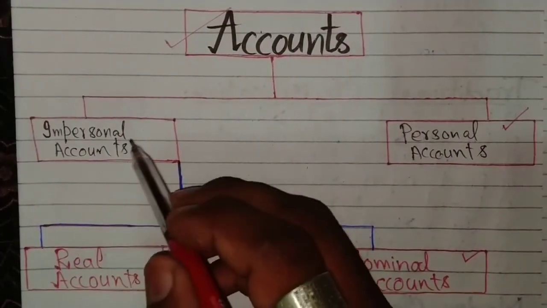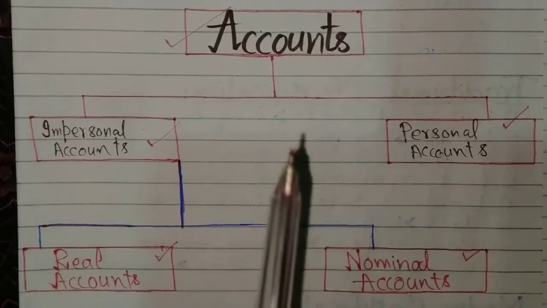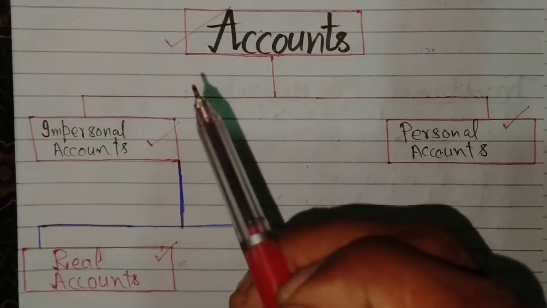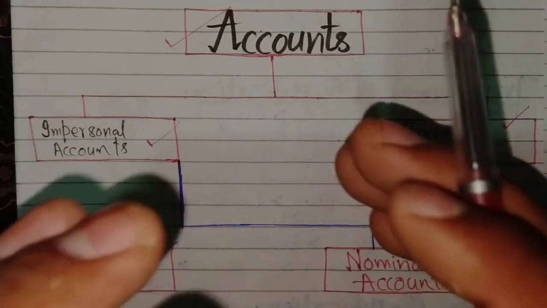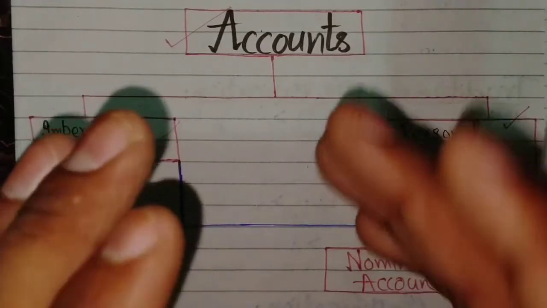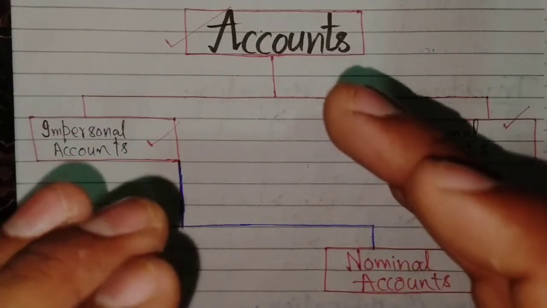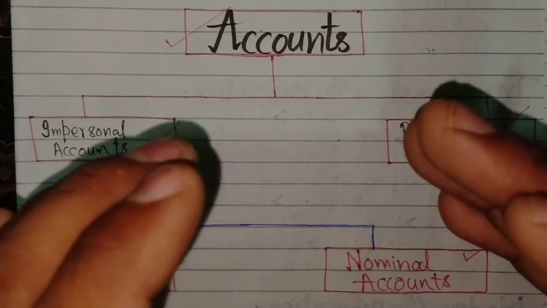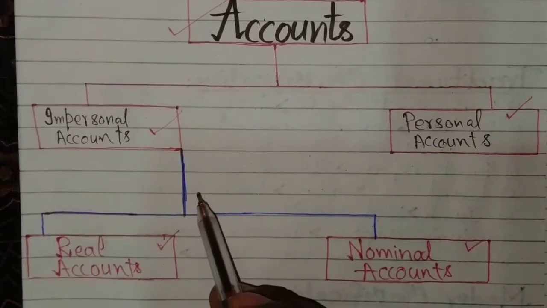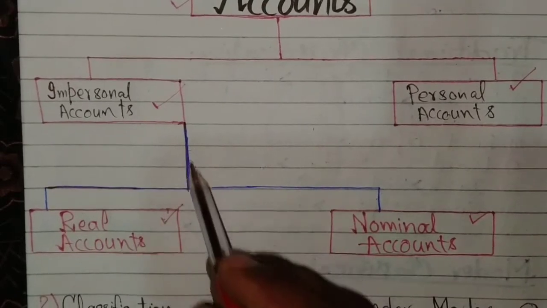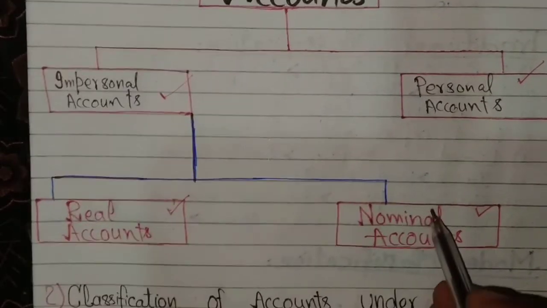Next is impersonal accounts. The accounts which are not relating to persons are called impersonal accounts. These are further divided into two types, real accounts and nominal accounts.